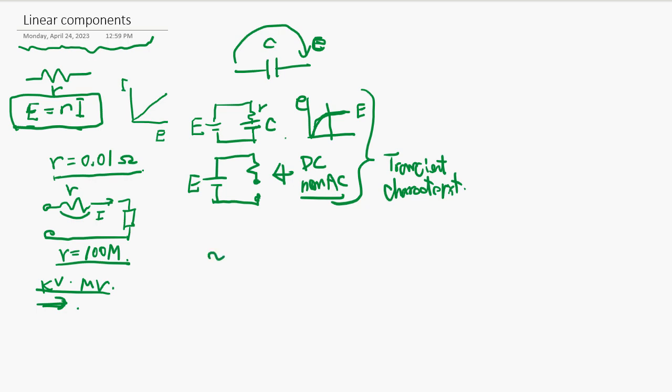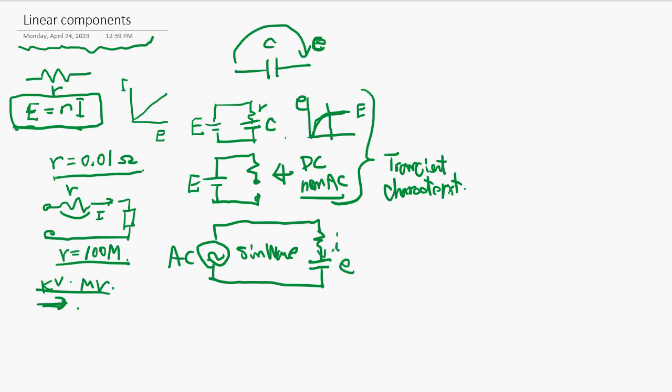Okay. Now, why does the capacitor become linear? When you have an AC sine wave voltage source, what happens? You have a current here and the voltage across the capacitor. The relationship is going to be one over C times the integral of I dt.